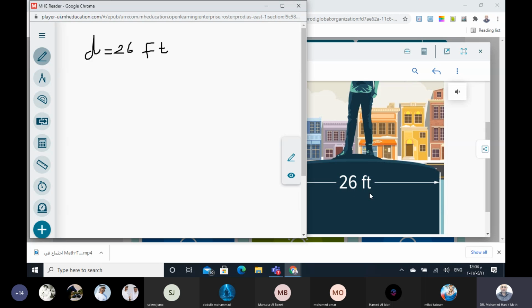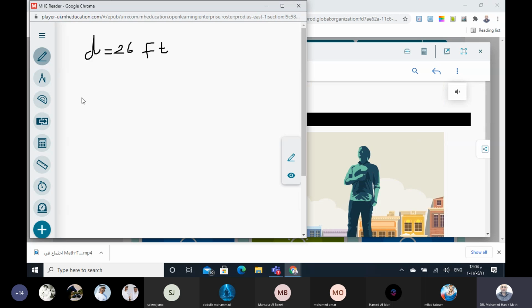I want to find the radius. As you remember from last lesson, the radius equals half of the diameter. Half of the diameter means d divided by 2. The value of d is 26 divided by 2, equals 13 feet.